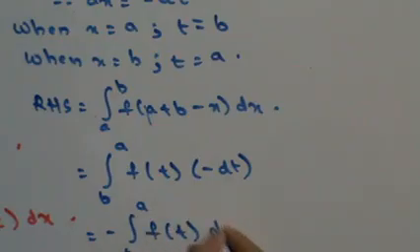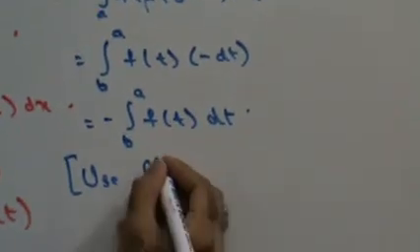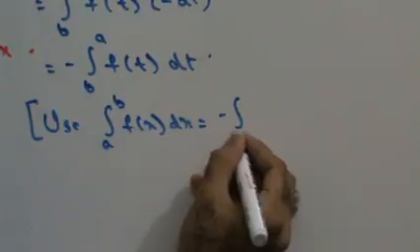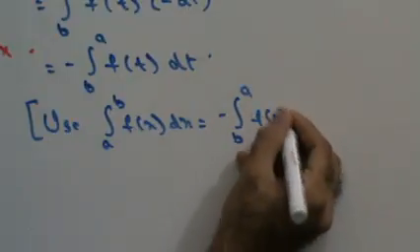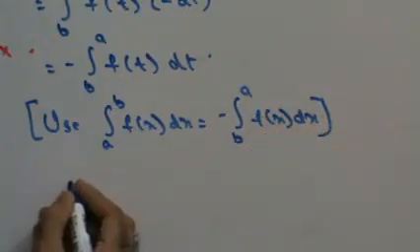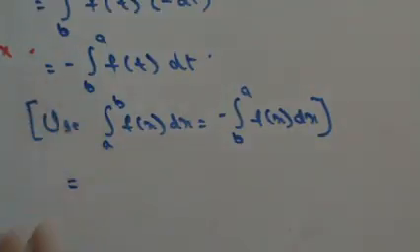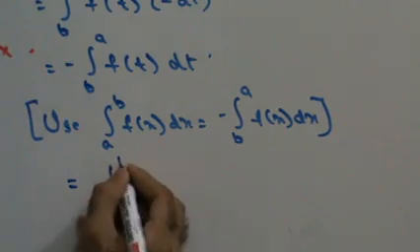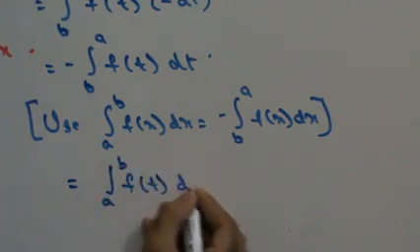Minus integral of b to a f of t dt. You could use the formula integral of a to b f of x dx is nothing but minus integral of b to a f of x dx. This is nothing but, if I remove the negative sign, I have to change the position of limits. So this is going to be integral of a to b f of t dt.